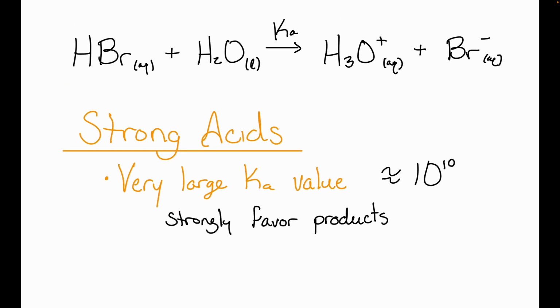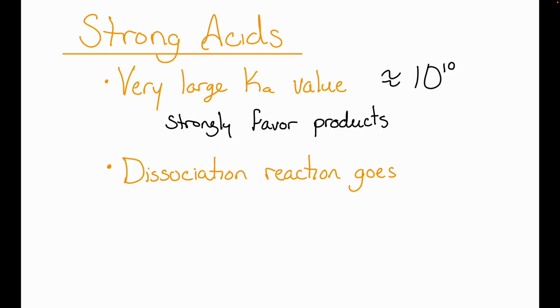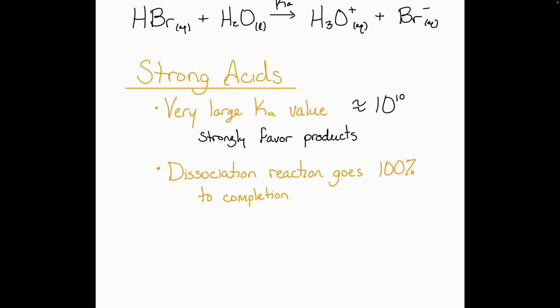We're not going to treat this like an equilibrium problem. All right, we're going to say that this dissociation reaction goes 100% to completion. All right, and why is that going to make our lives so much easier?